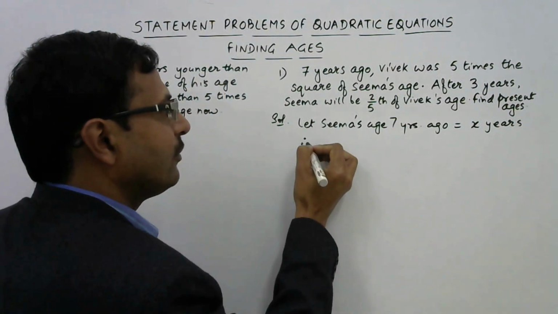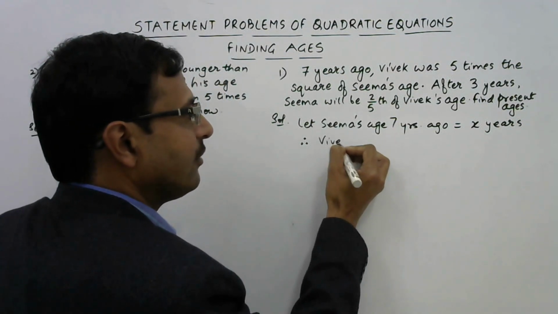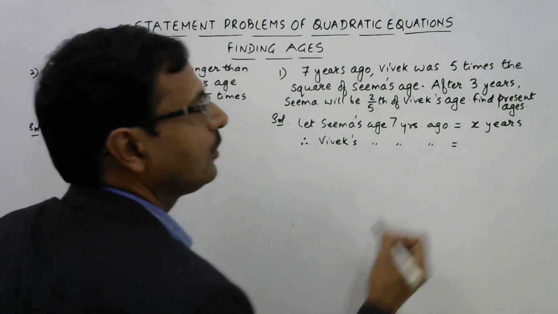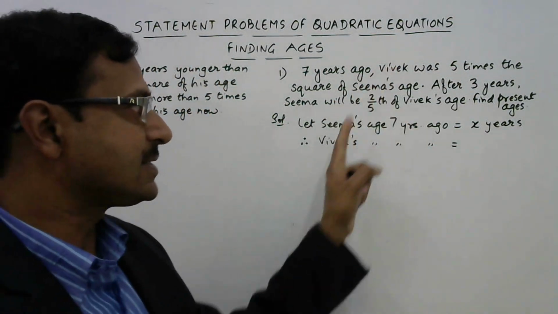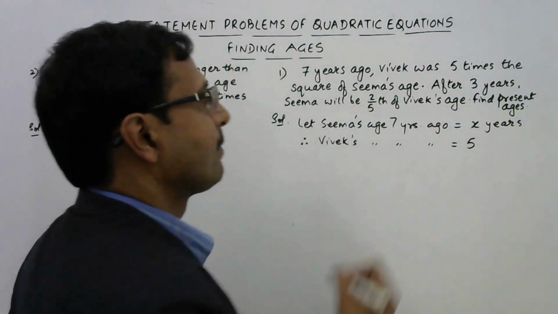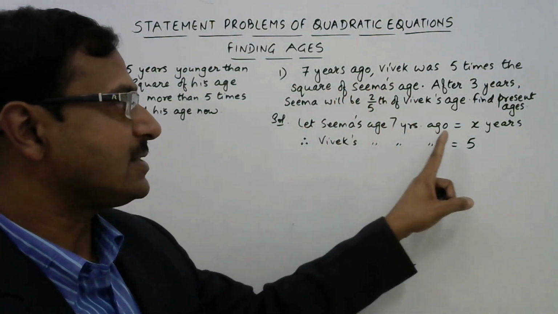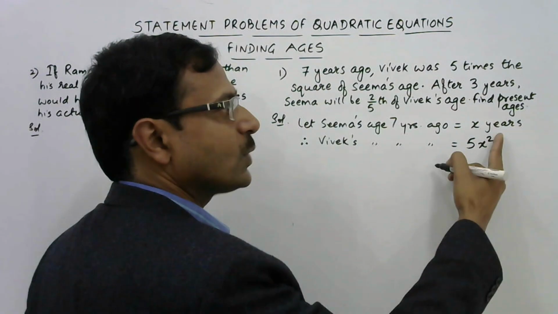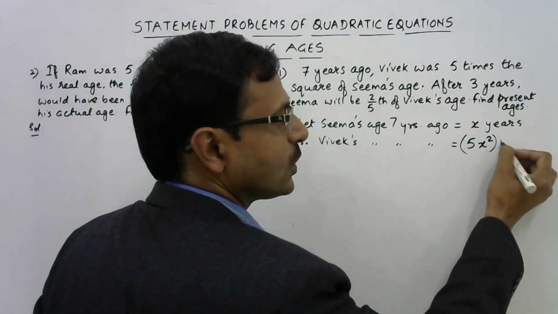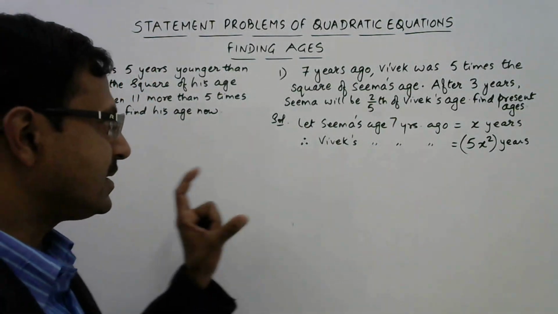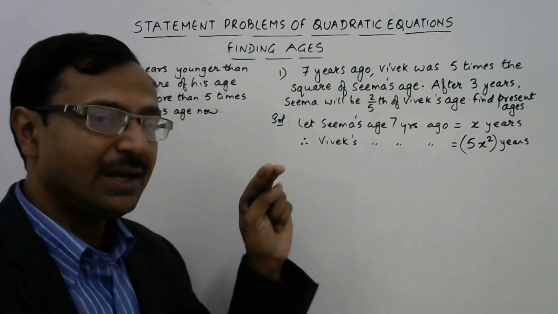So therefore, we can find Vivek's age 7 years ago. How? Vivek's age is equal to 5 times the square of Seema's age. Seema's age is x, so the square of x, so 5 times the square of Seema's age, 5x square. Now these are the ages 7 years ago.